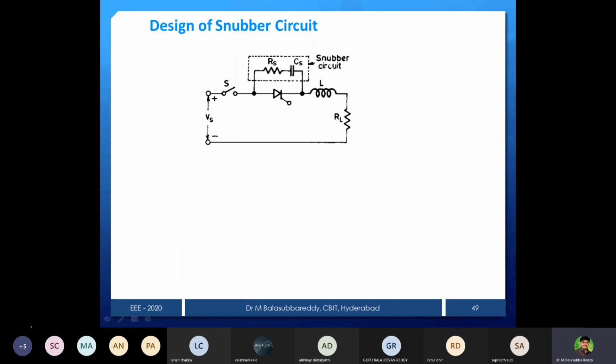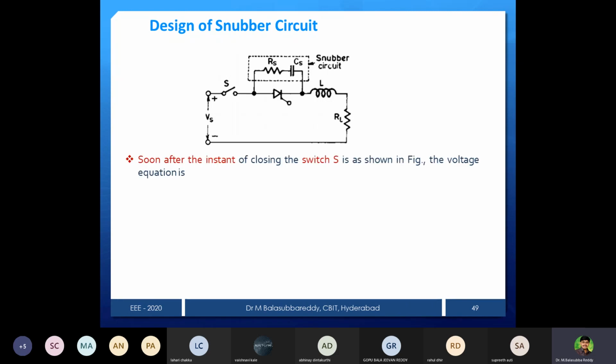So all these three parameters we can find. And one more, there is one equation I have to write. What is that equation? It is when S is closed, immediately, what will happen? The capacitor will be short circuited. Now we can write a voltage equation.